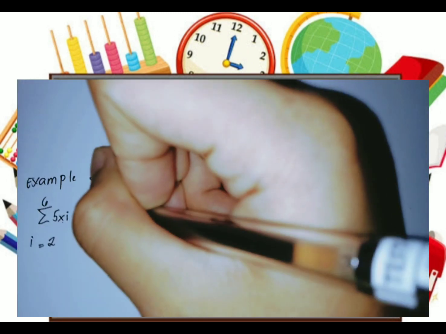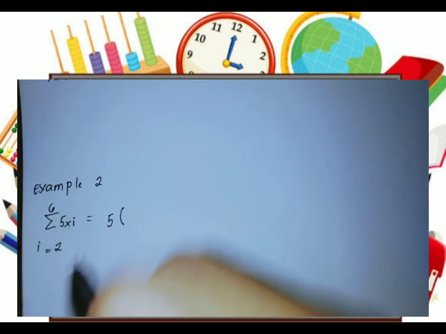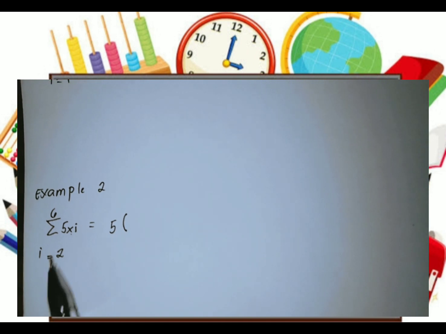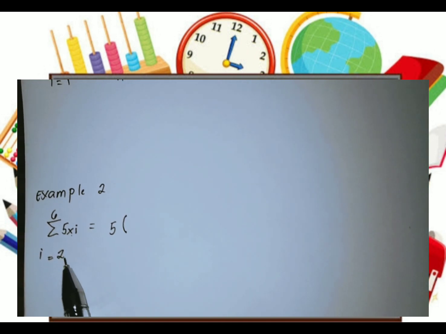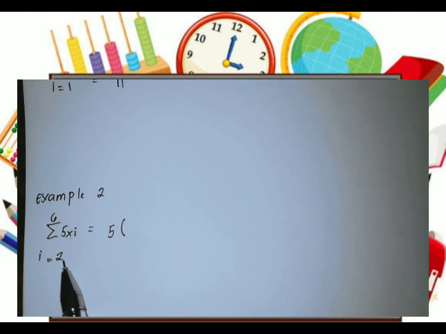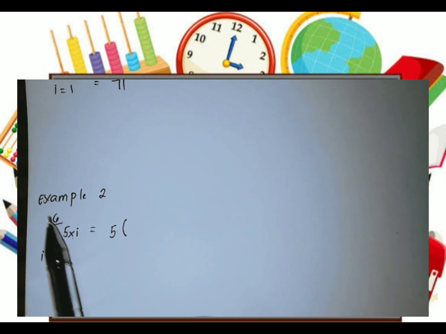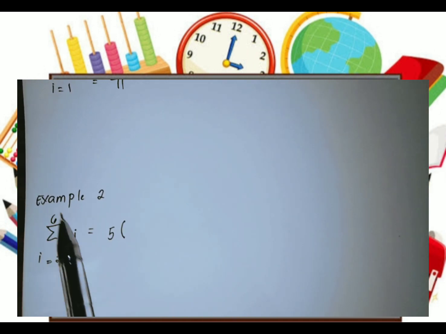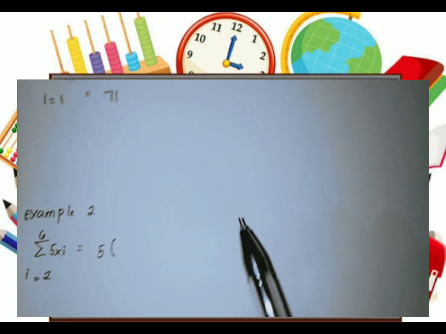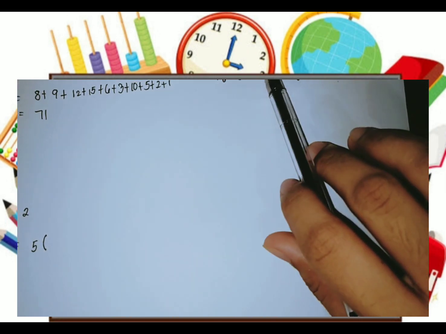Okay, so 5 times our x sub i, which is 2. Ibig sabihin, mag-i-start tayo sa x sub 2. And we will end in our upper limit, which is x sub 6. Okay, so our x sub 2 is 9.